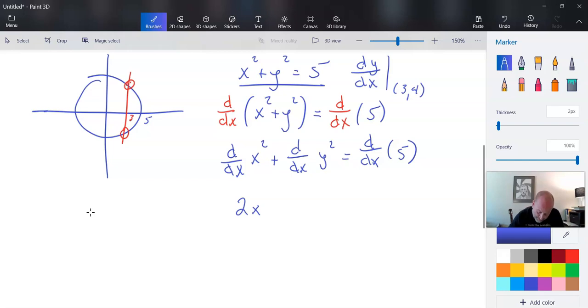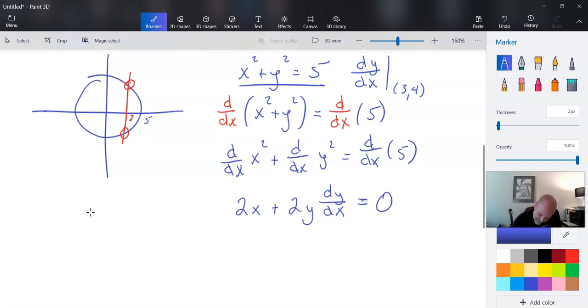I can start out just by taking a regular derivative of y squared, which gives 2y. That's the derivative of the outside, right? Now the derivative of the inside is the derivative of y with respect to x, because we're assuming y is another function. But since we don't have that, we just write dy dx, because we don't have that function of y yet. And then d/dx of 5 is 0.